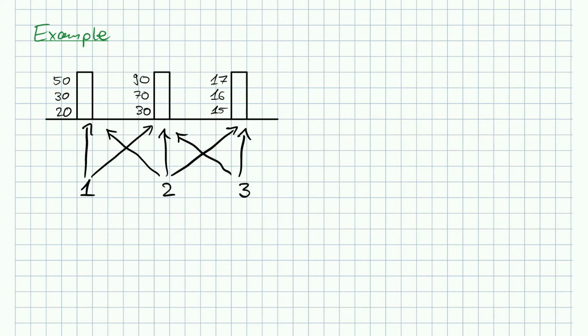And now this might look as follows. So the first player might go to the first server, the second player and the third player might both go to the third server.